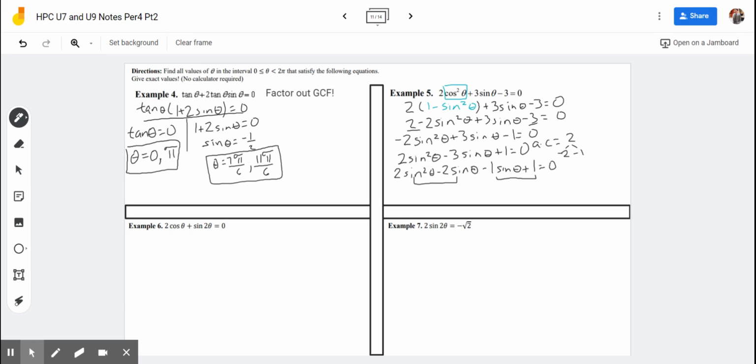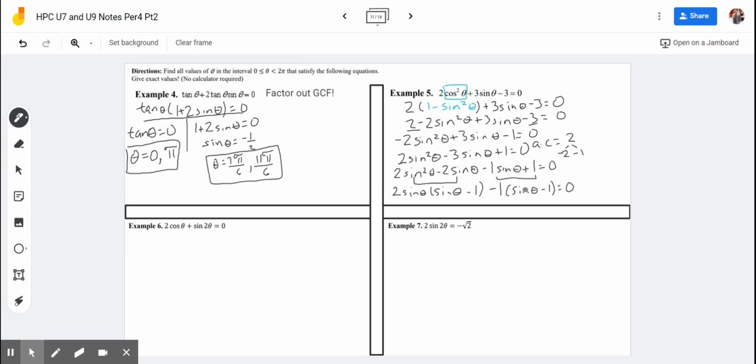Factor by grouping here. We can factor out a 2 sine theta times sine theta minus 1, and then minus 1 times sine theta minus 1 equals 0.